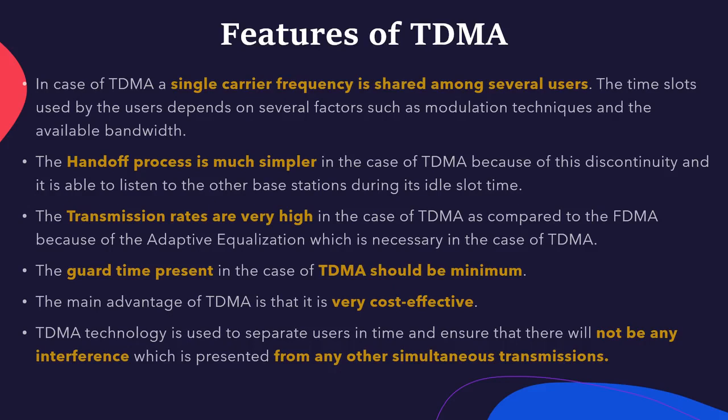TDMA technology is used to separate users with respect to time, and interference will naturally go down because we are not separating users in terms of frequencies, but the same frequency will be utilized by different users at different particular times. So there is no possibility of users using the same frequency. So these are all the features we get in a TDMA system.